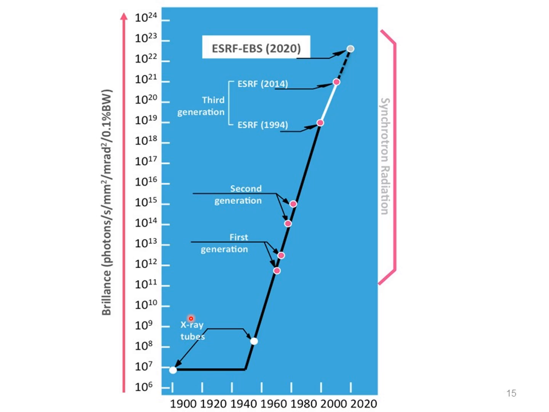And here is the era, like 1900, 1920, 1940, 1960, 1980, 2000, 2020, and these are the different generations of X-rays.